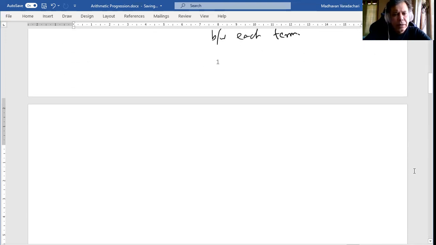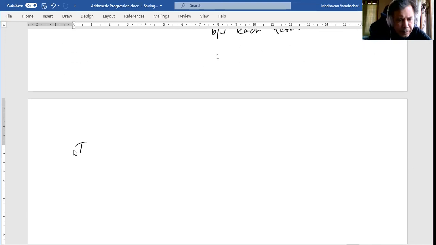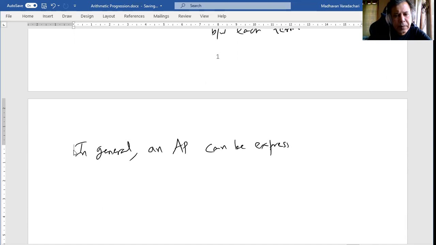Now, in general, an arithmetic progression can be expressed as first term, if I call it A, then the second term will be A plus D. That common difference is getting added. Then A plus 2D and so on.